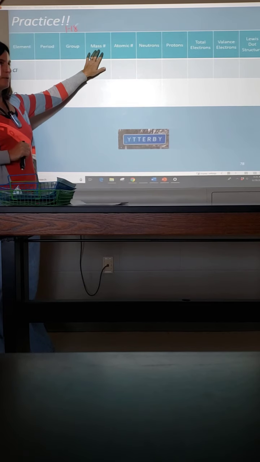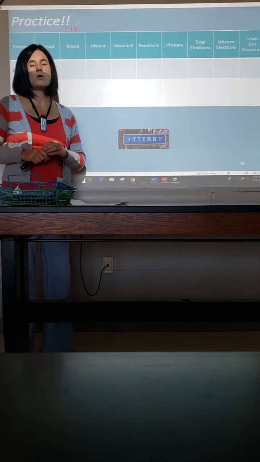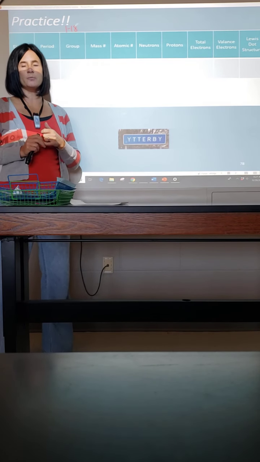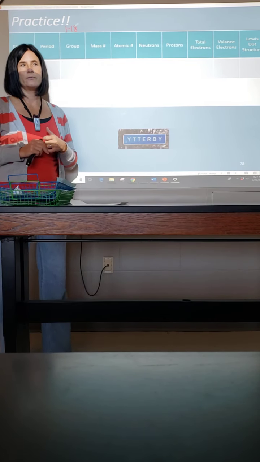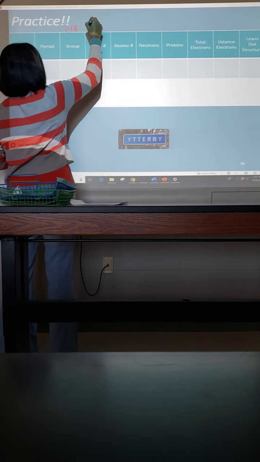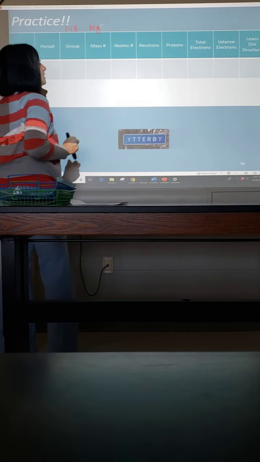And then to help you remember the mass number: is that the big number or the small number on your periodic table? It's the large one. So I'm just going to put big.